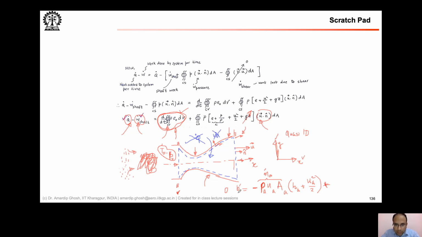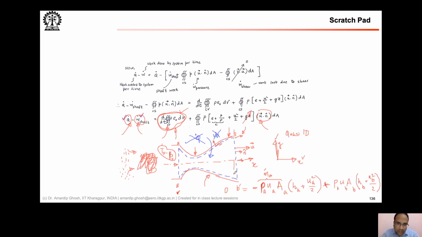Now let's work for this surface, because these two surfaces contribute nothing because of that u dot n at right angles to each other. So this becomes rho at B, u at B, cross section area at B times enthalpy at B plus u at B square by 2. It's actually a very powerful result.